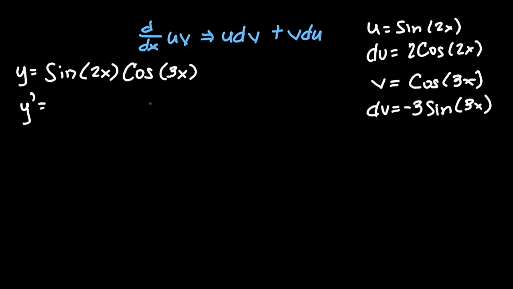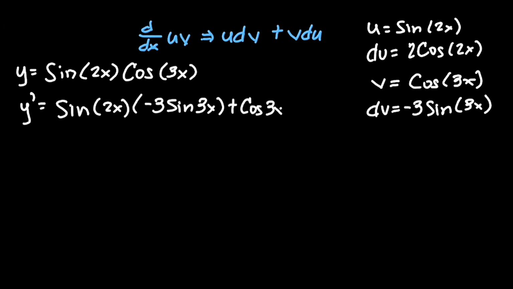So plug this according to the formula and you will get sine of 2x multiplied by derivative of v, which is negative 3 sine of 3x, plus v, which is cosine of 3x multiplied by the derivative of u, which is 2 cosine of 2x.